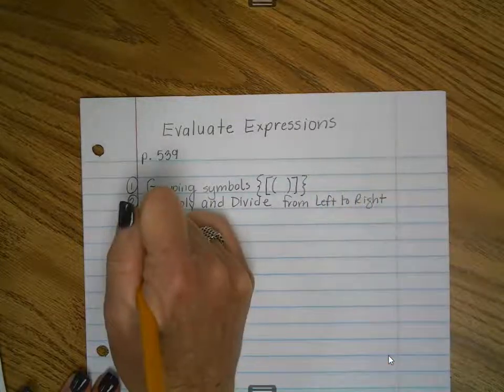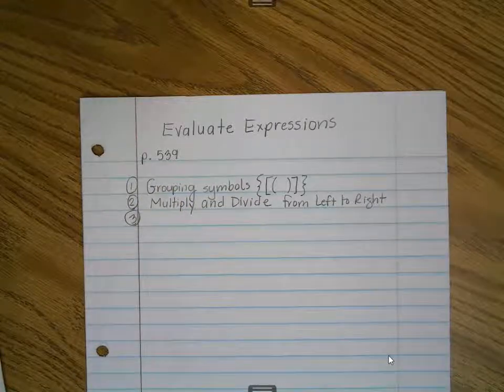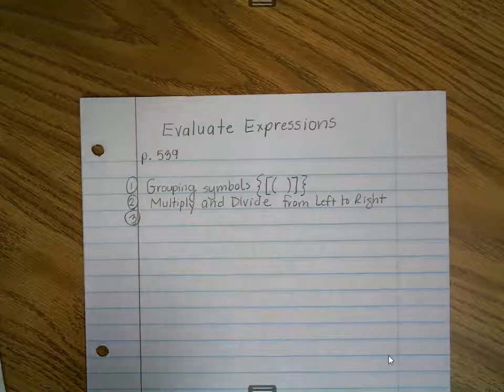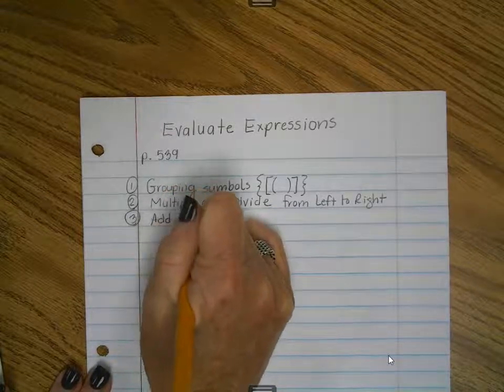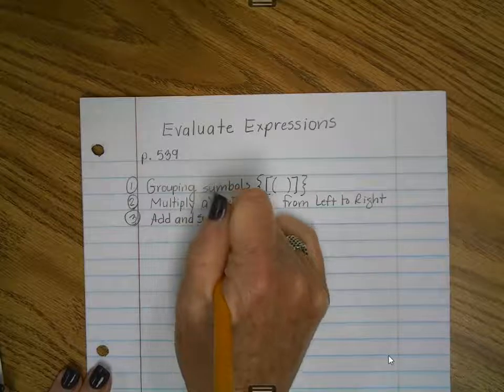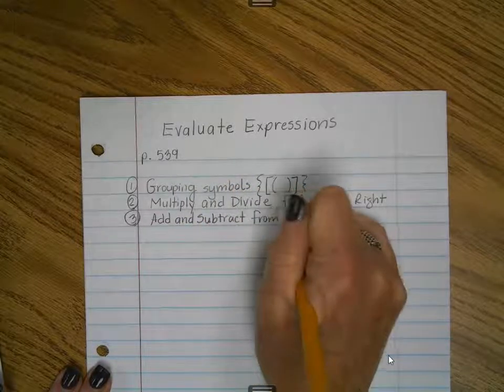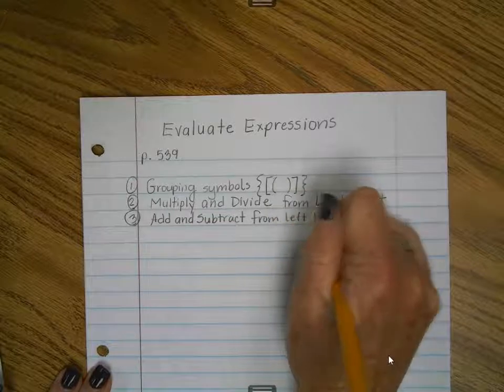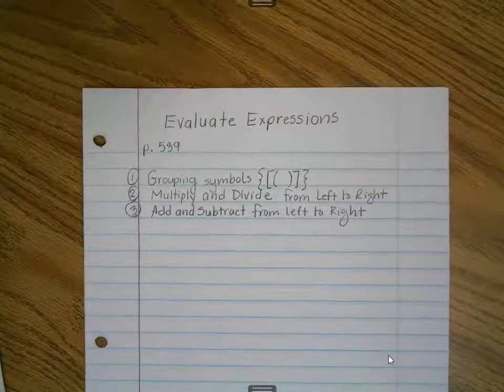And the last thing we're going to do is, once we don't have any more multiplication and division, we are going to add and subtract from left to right. All right, so that's just getting our train of thought going here.